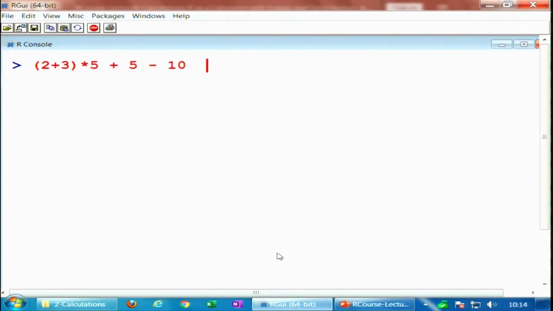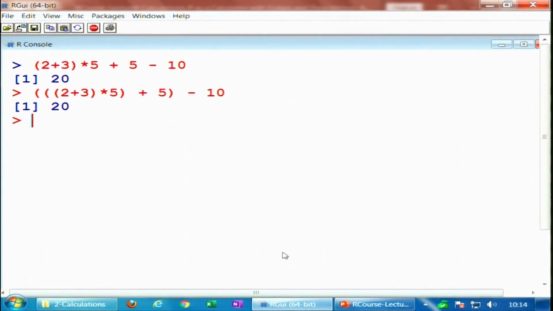Here, this will give you the answer 20. And if I make more brackets, for example like this, and one more bracket like this, you can see the answer is 20.